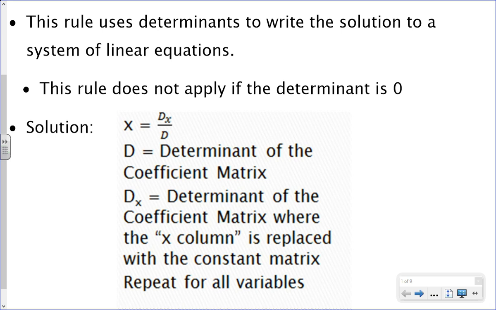So what's going to happen is we are going to make a matrix with the coefficients, but we're going to replace the x column with the constants.